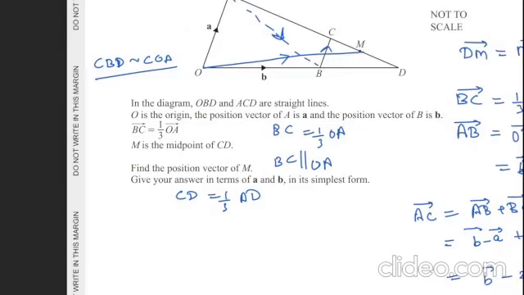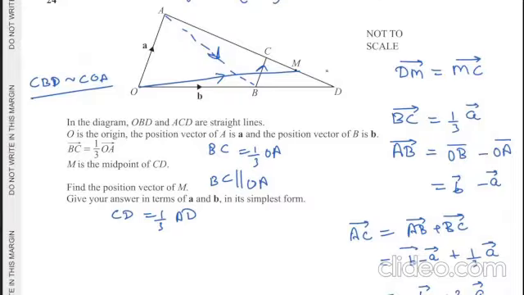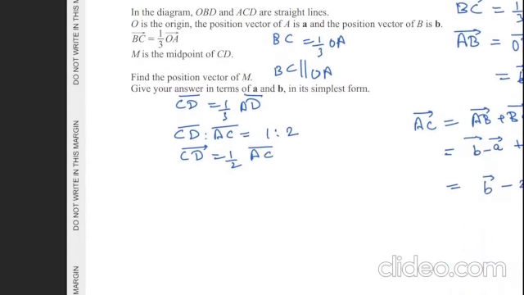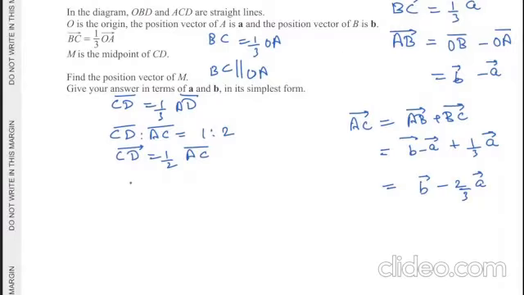If we see the ratios, CD to AC will be 1:2, and because AC is known to us, we can write CD is equal to half of AC. Okay, let's put the vector sign. Because CD is equal to half of AC, we have to find CM, which is 1/4 of AC.